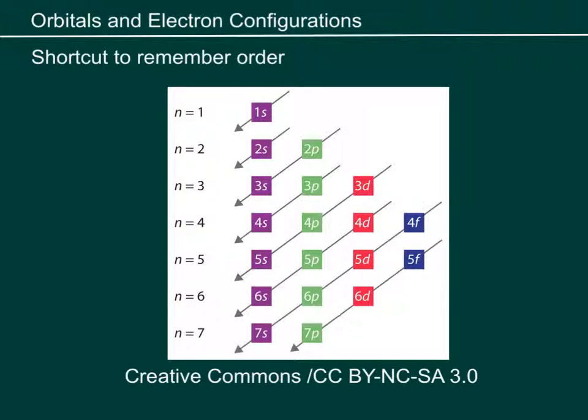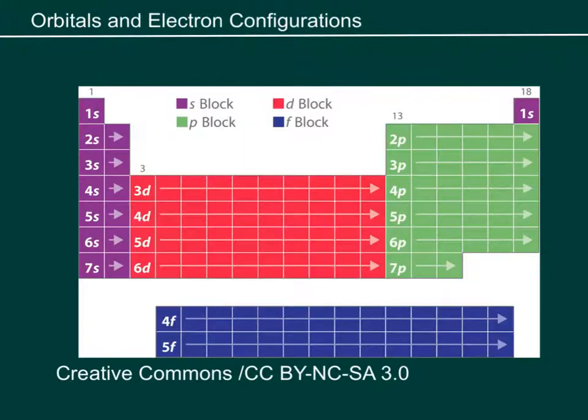A little bit better way to do it, though, is using the periodic table, which we're going to look at next. One of the key things to recognize is the way that it's diagrammed: these first 2 columns are really the s orbitals. The reason for that is everything on the periodic table was arranged in terms of periodicity, a repeating order, and it has to do with their chemical behavior.